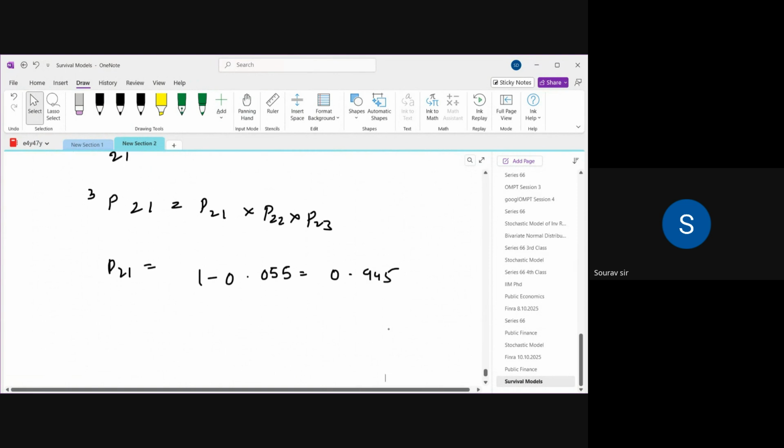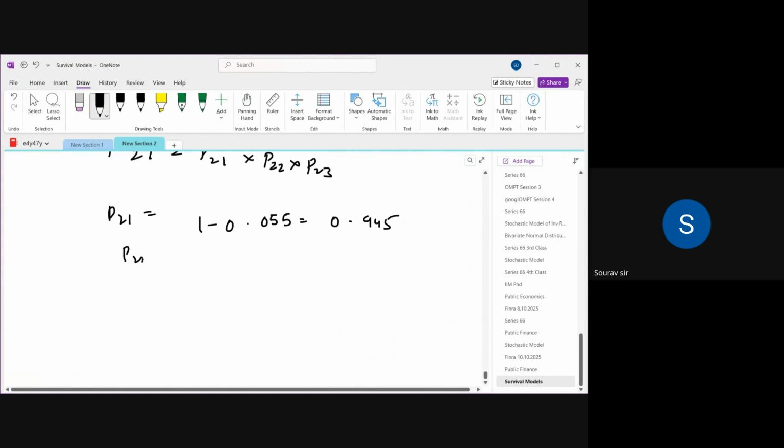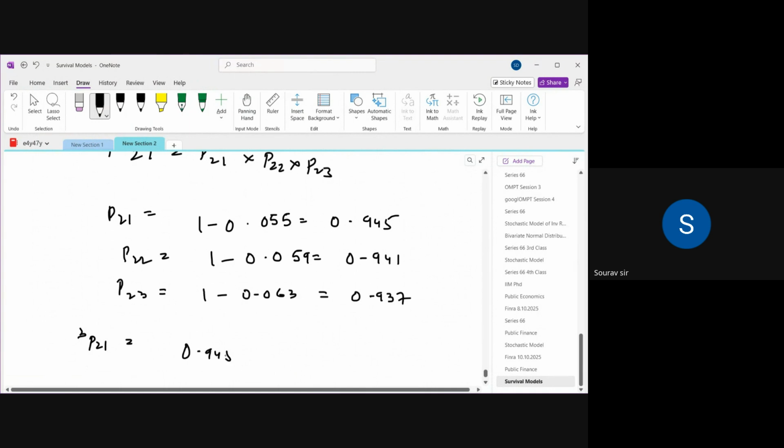Next, p22 is 1 minus 0.059, so that is 0.941. p23 is 0.937. So 3p21 will be 0.945 multiplied by 0.941 multiplied by 0.937. That is coming to 0.830.